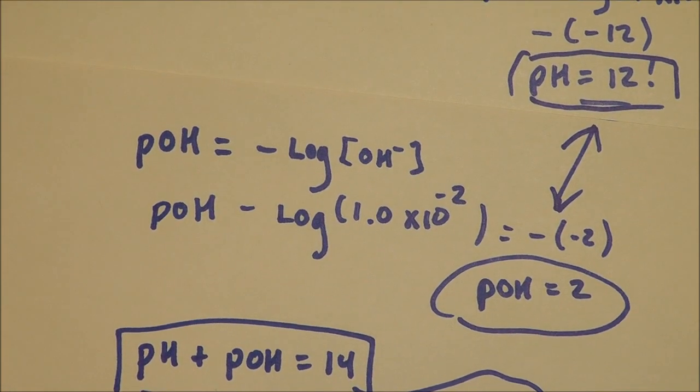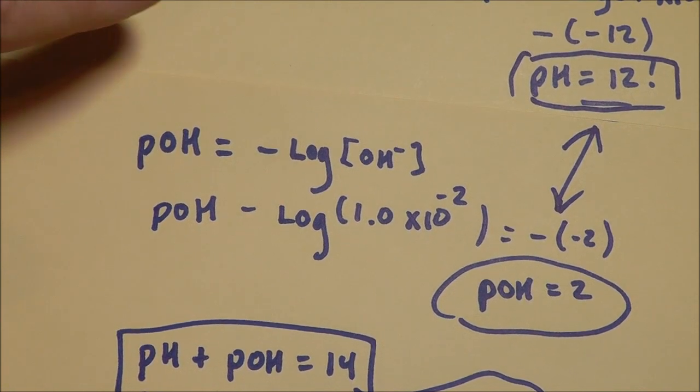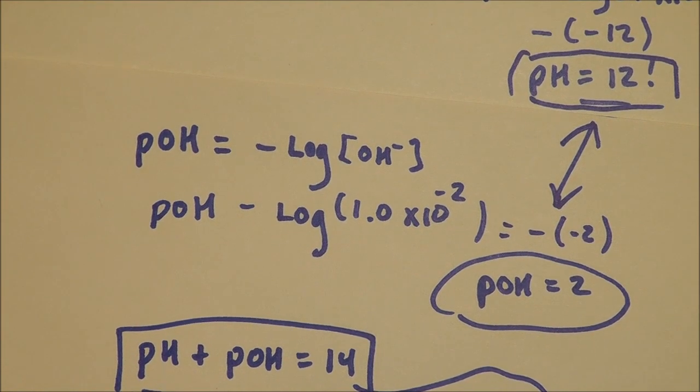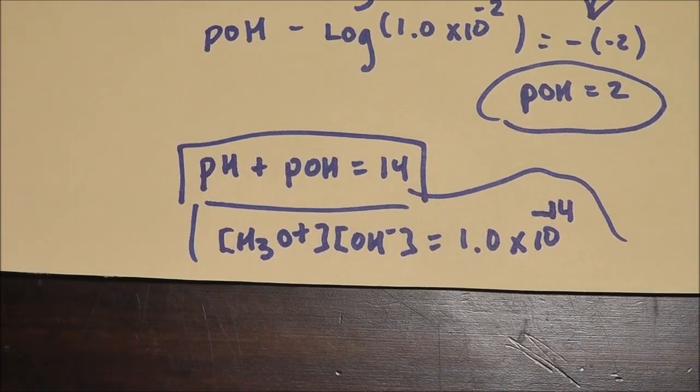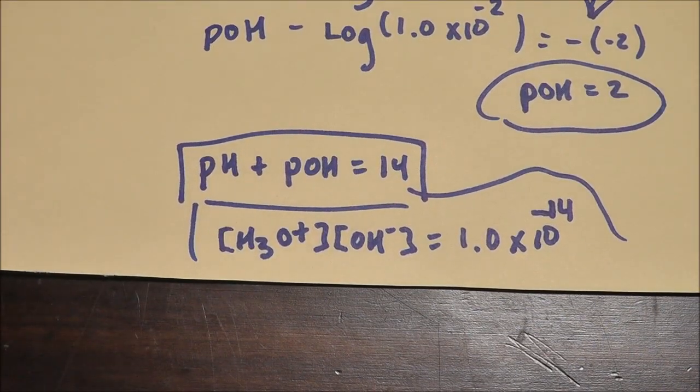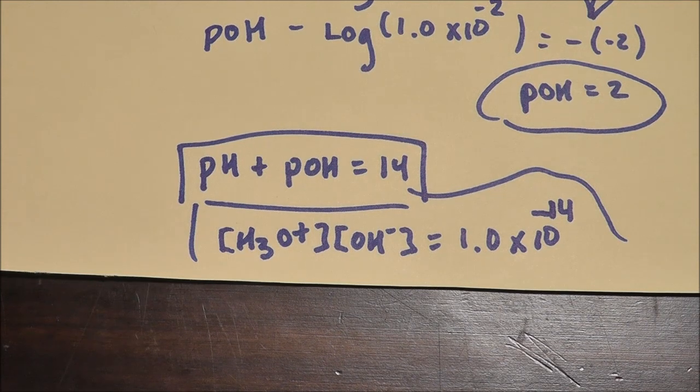So there you've got a couple of checks to keep you in balance here. The pH and the pOH can't be anything when you add them together other than 14. The H3O+ concentration times the OH- concentration can't be anything when you multiply them together but 1 times 10 to the minus 14. And so you've got those two things. Those are 4 different representations of the same solution.